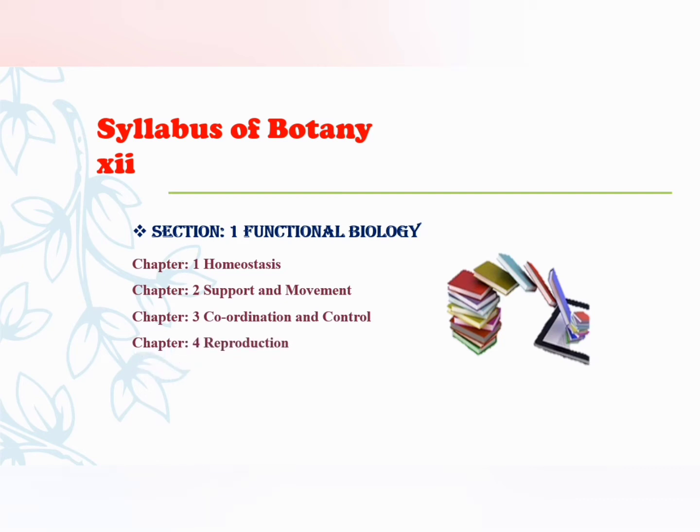Chapter number 4 is reproduction. It is quite a lengthy chapter, in which we will discuss reproduction in plants and what are the types of reproduction occurring in plants, and artificial and natural methods of reproduction in plants.